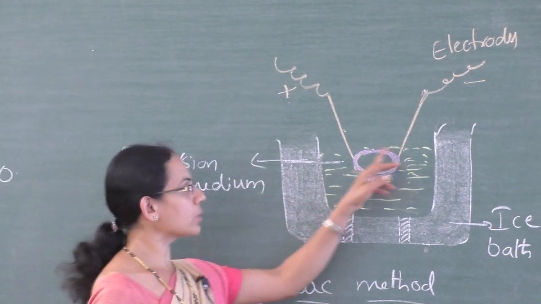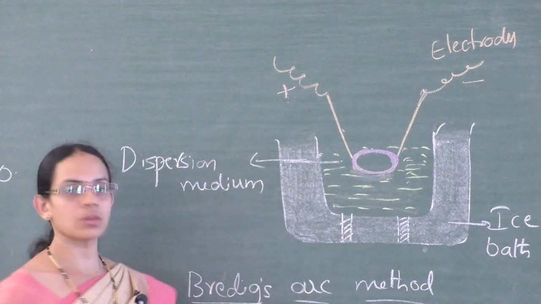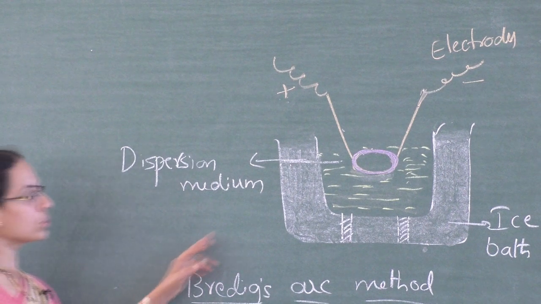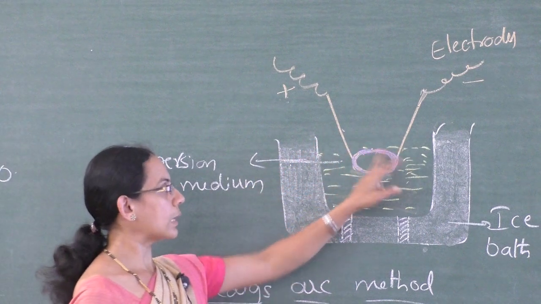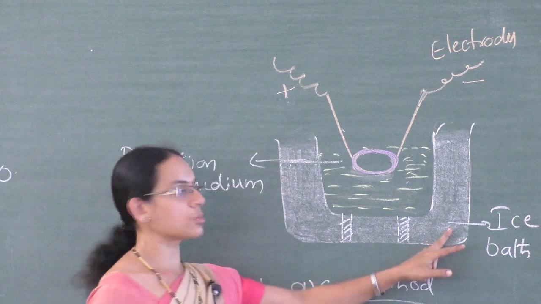So don't forget to write the electric arc here. This is important because the name itself is Bredig's arc method. And note the electrodes here: an electric arc, dispersion medium and ice bath.